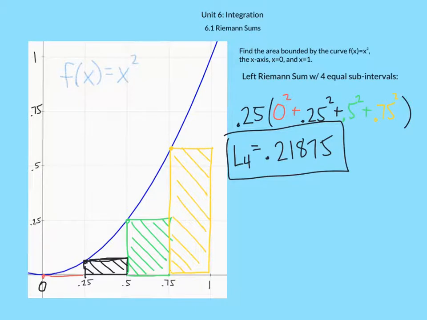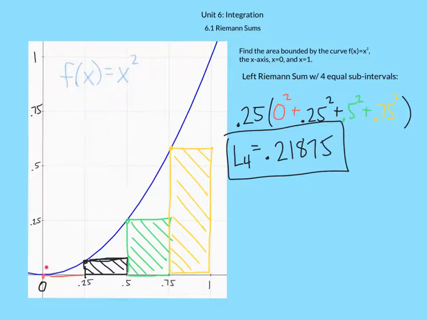Okay, our left Riemann sum with 4 equal subintervals ends up giving us a much lower value than our right Riemann sum and a lower value than the actual area under the curve, which again was 0.3 repeating. So L sub 4, which means the left Riemann sum with 4 rectangles of equal base length, is 0.21875.